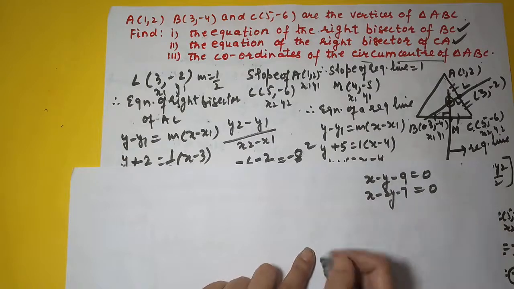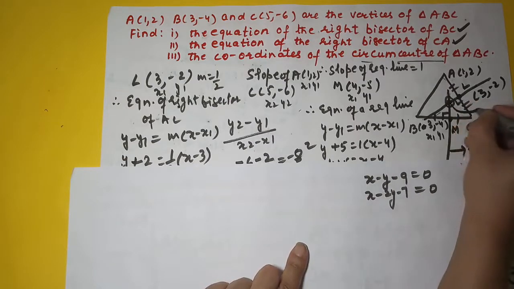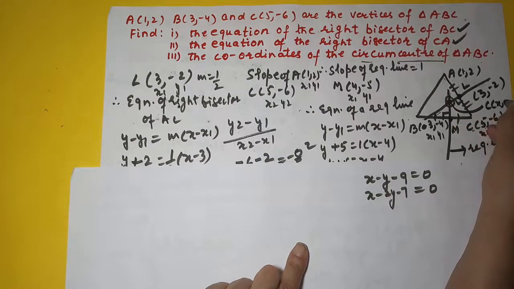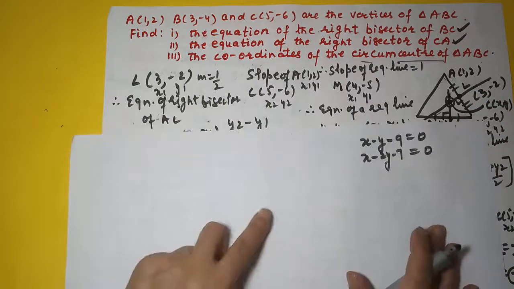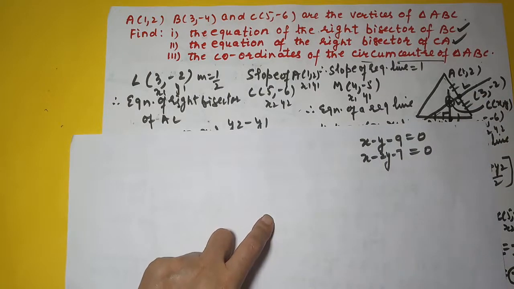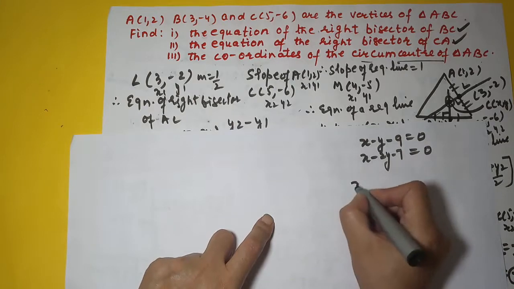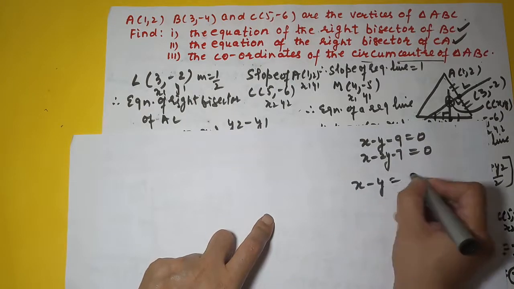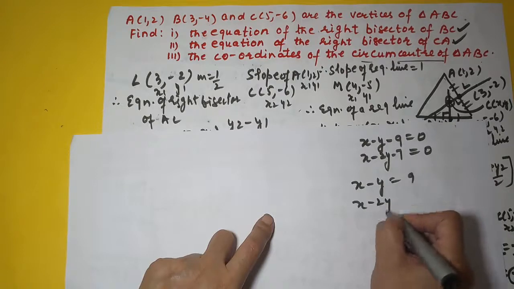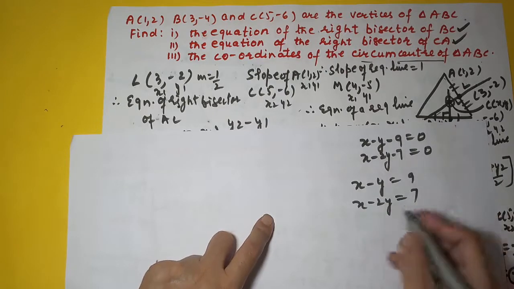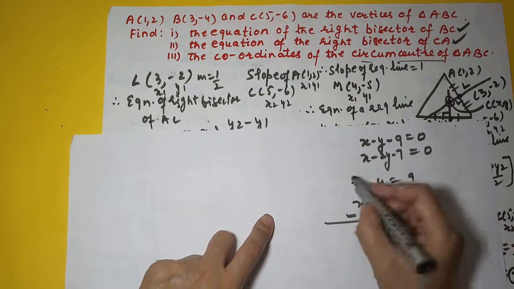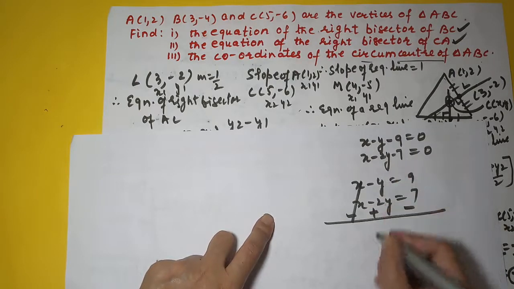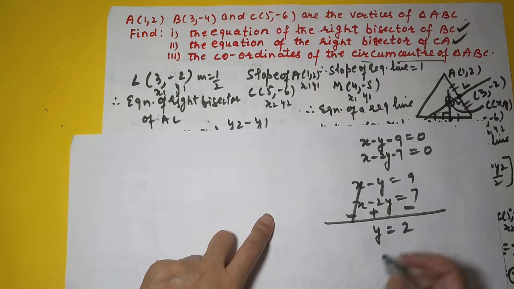Now these will give me my circumcenter, and if I solve these two, I will get the coordinates of the circumcenter. Okay. So how will I do that? X minus y equal to 9, x minus 2y equal to 7. If I subtract them, this will be minus, this will be plus, this will be minus, this will go. So this will be y equal to 2. Fine. I got y as 2.